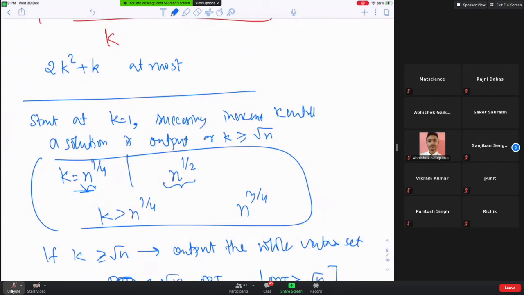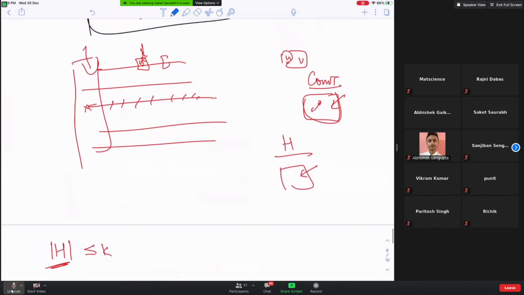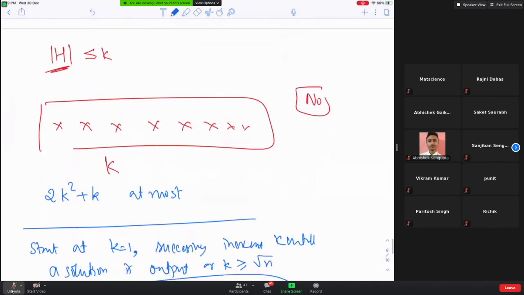And so I told you one strategy which takes order root n space to reach this place, and I told you another strategy which takes polylog n space to reach this space, and it uses a completely different algorithm for vertex cover than what you have seen before. And there are ways.